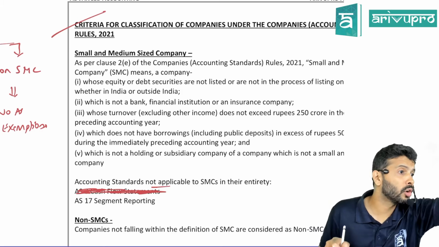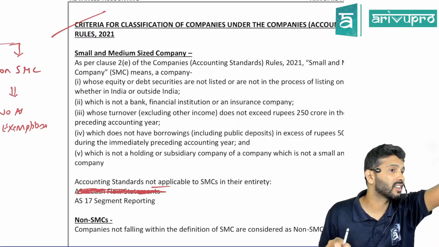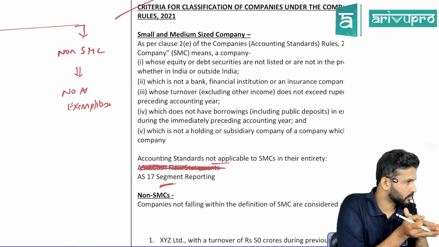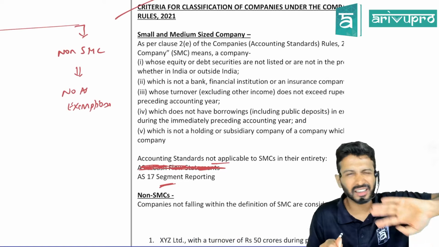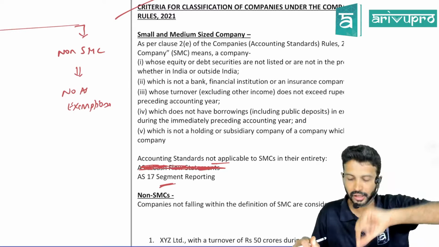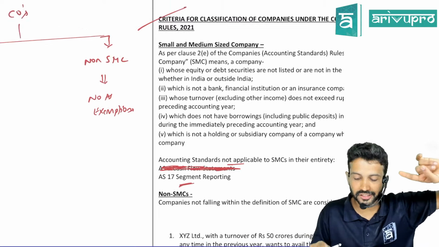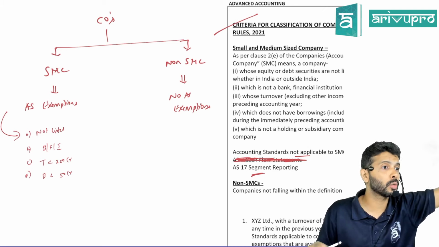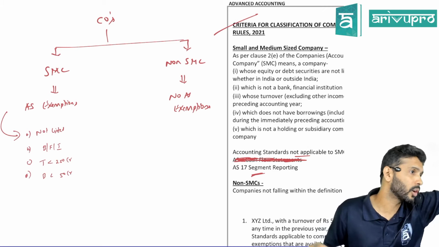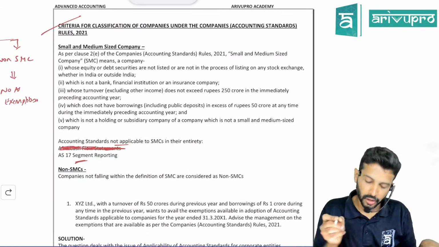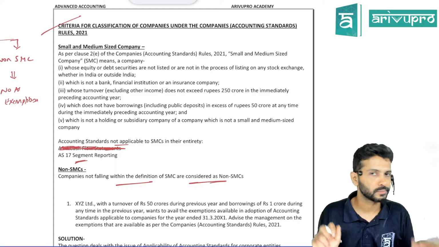For SMC, you get one exemption, which is AS17, segment reporting. From that, you can take full exemption. Some disclosure exemptions and all are there. Leave that out because each one has a different limit. That's good enough. Can you remember this much? If you are an SMC, you get exempted from AS17. Earlier for level 2, 3, 4, it was AS3, 17, 21, 23, 27. Here it is the one common one, which is 17. For non-SMC, you have to follow everything. No exemptions.